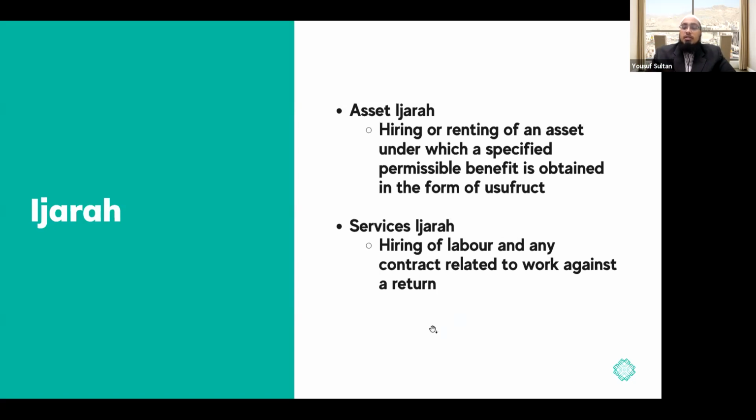If there is no return, then it's not an ijara contract. Ijara is similar to bay' or sale in the sense that both are basically sale contracts. However, we call the sale of ownership of an asset bay', whereas the sale of usufruct is not usually called bay', rather it's called ijara.